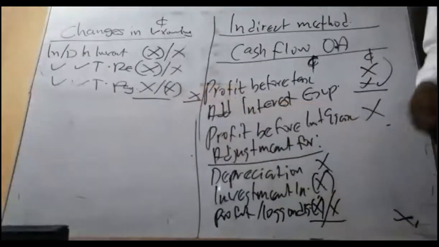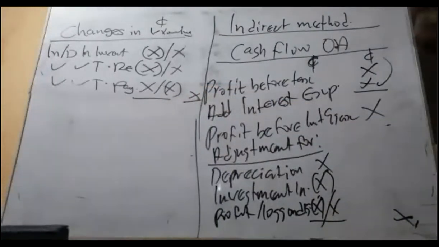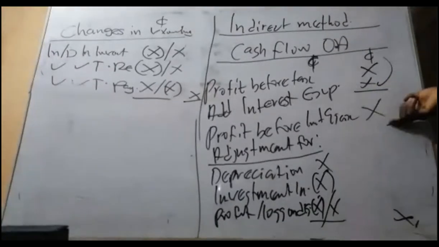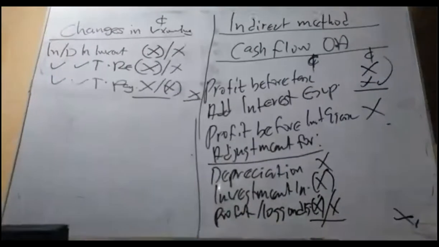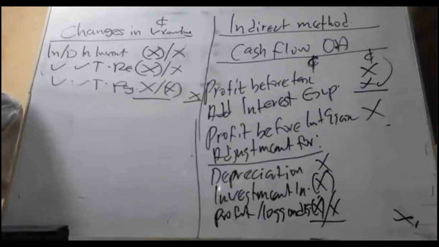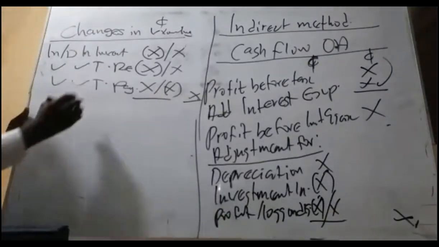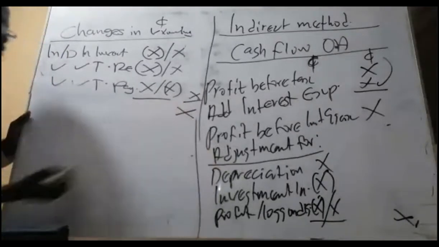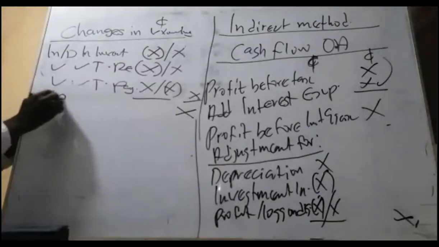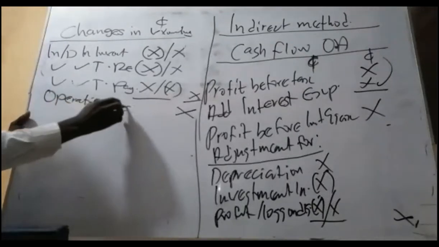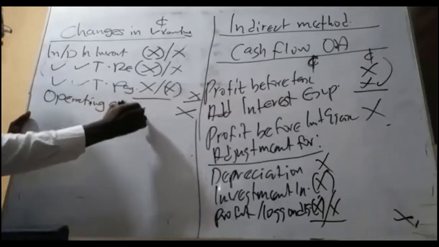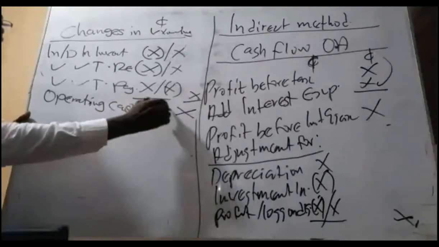Now we call it operating cash flow before interest and tax. You've been able to massage this profit before interest and tax to get a cash flow version. So we sum it up, and we call it operating cash flow before interest and tax.